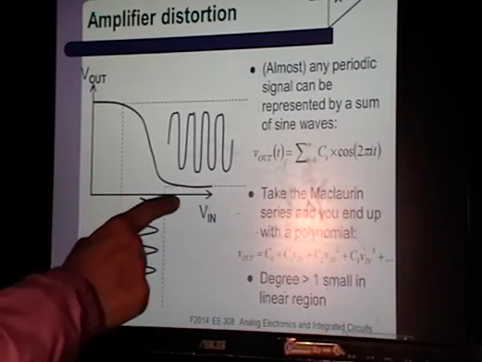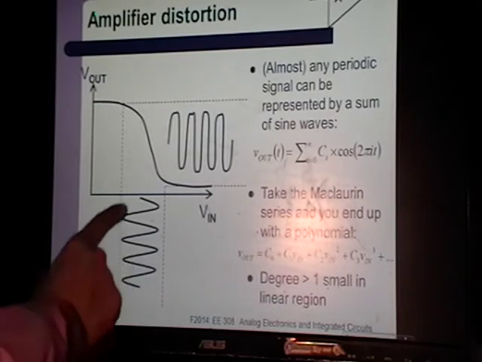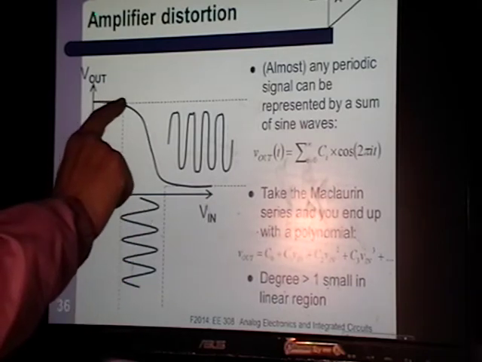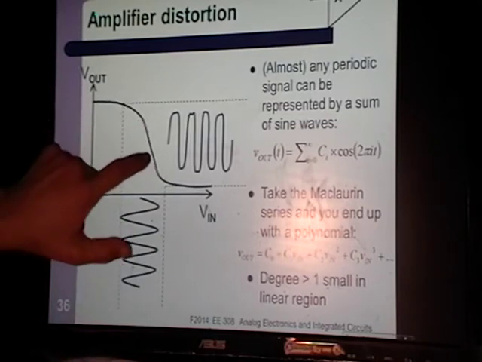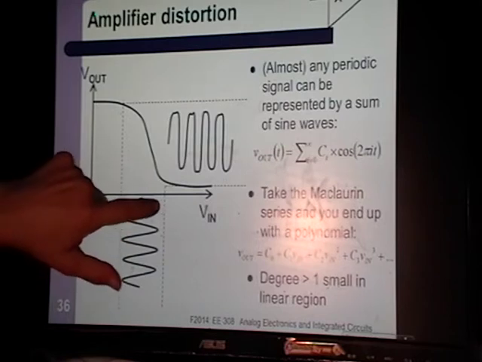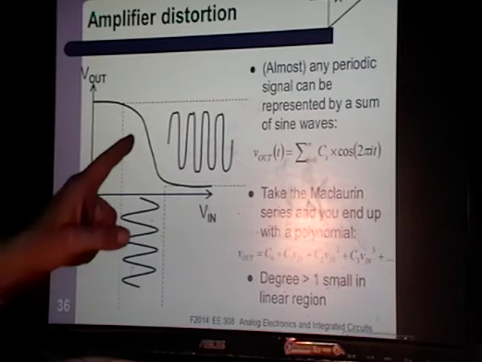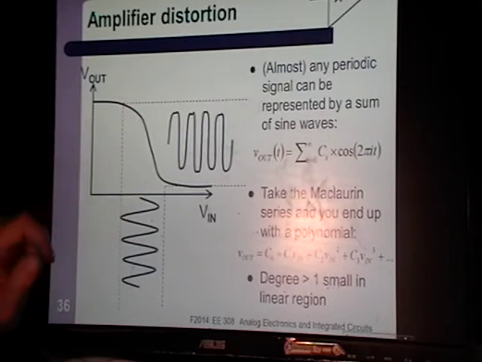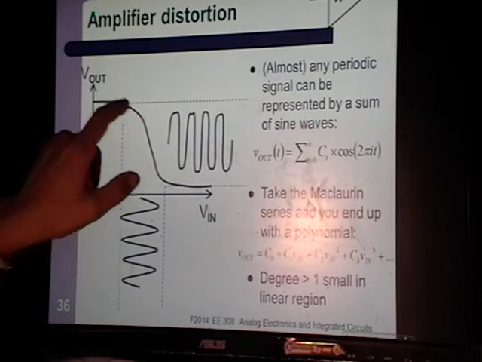Okay, here's the input. If I give an input of a sine wave like this, since this is curved, notice up here it's a little curved. Right here it's nice. It's a nice line, and then it's curved down here. If this signal right here, like this point right here, if you go up, hey, you're in that curved region right there. So this is not a linear amplification up here.